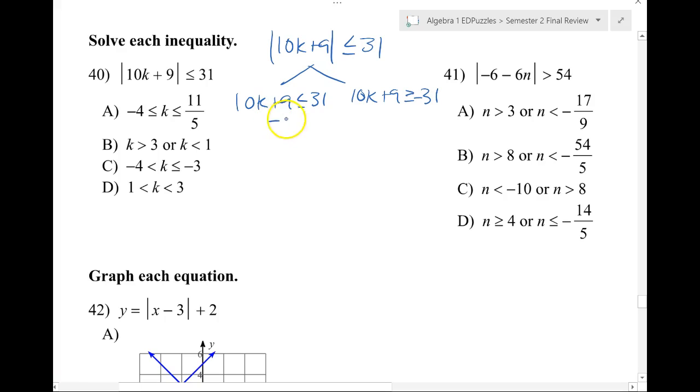Now let's subtract 9 to isolate that k. This goes away, this goes away. Then I have 10k is less than or equal to 31 minus 9, that would be 22.